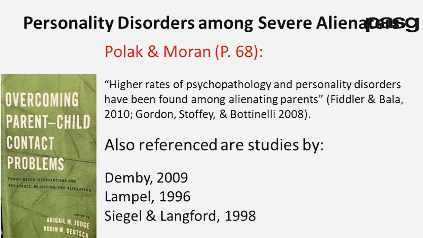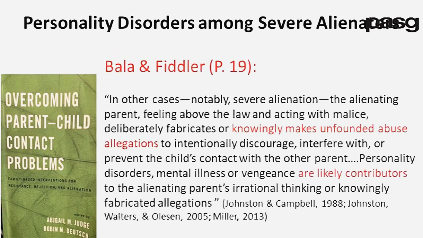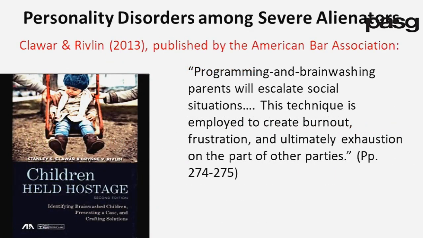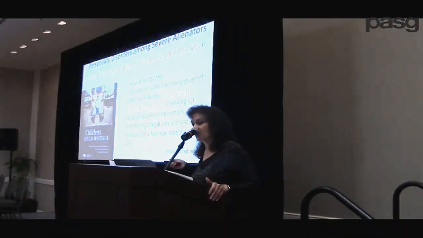And this is my personal favorite, as discussed this morning by Clower and Rivlin, who followed 1,000 children for more than 30 years and talked about programming and brainwashing parents, and even described some of their behaviors as sociopathic. These are very good references to use in court to establish this is not a case of 50-50. Both parents didn't contribute. Alienators are severely disturbed.